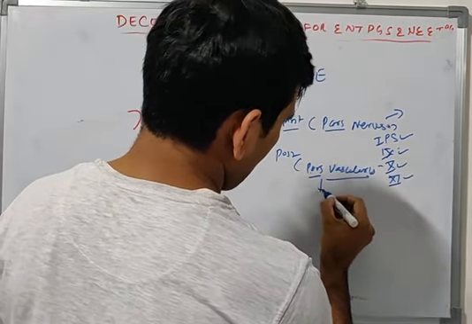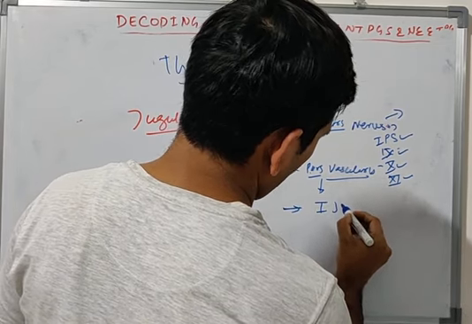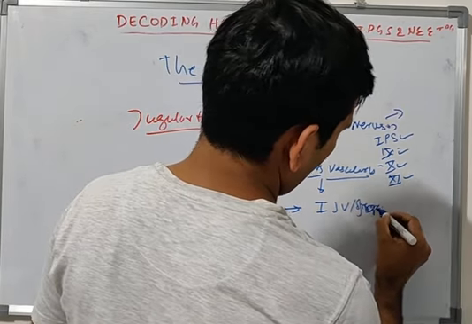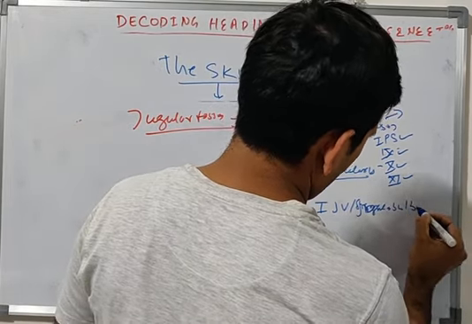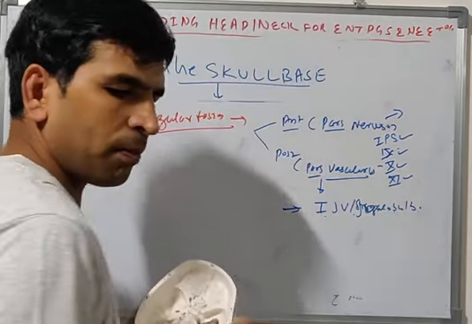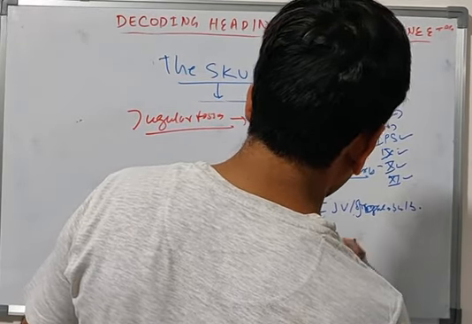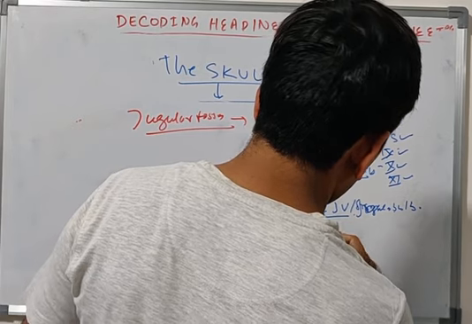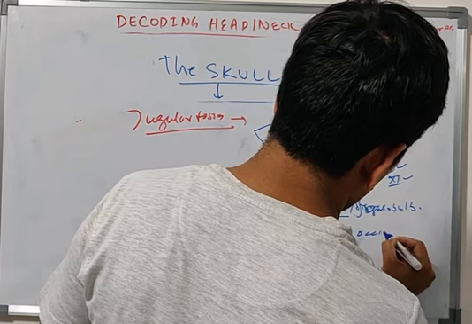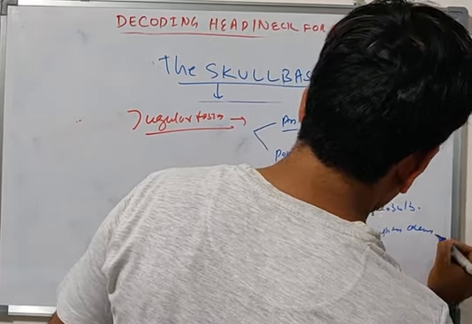And the pars vascularis, the posterior part, has the sigmoid sinus, which ultimately forms the internal jugular vein, the jugular bulb, and the meningeal branch of the occipital artery.